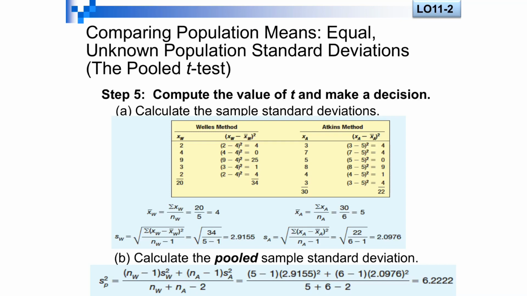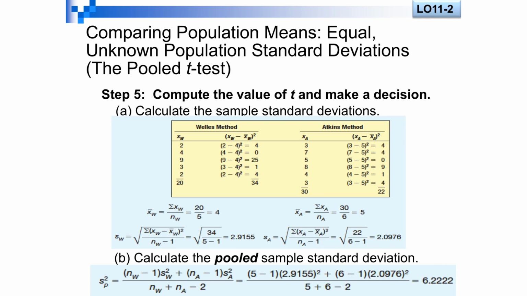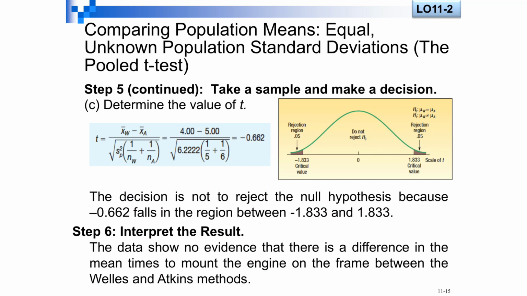After that, when we pool them together, now we can put in the final formula and calculate it, and we reach 0.06.